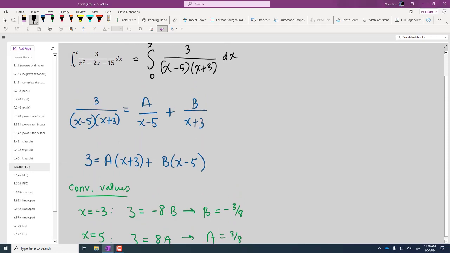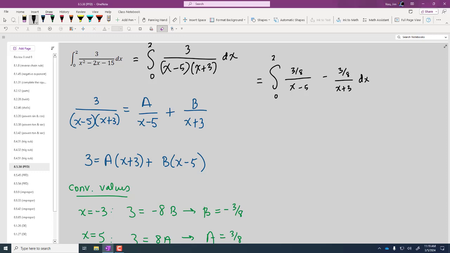and rewrite this as the integral, still 0 to 2, that hasn't changed. But this fraction has now become 3/8 divided by x minus 5, minus 3/8 over x plus 3, times dx.